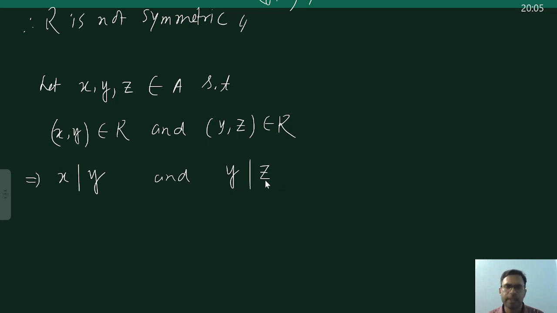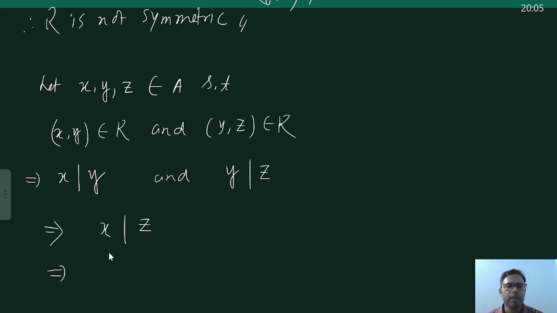That is, z is divisible by y and y is divisible by x. So x is a divisor of y and y is a divisor of z. Obviously we can say here that x is also a divisor of z.